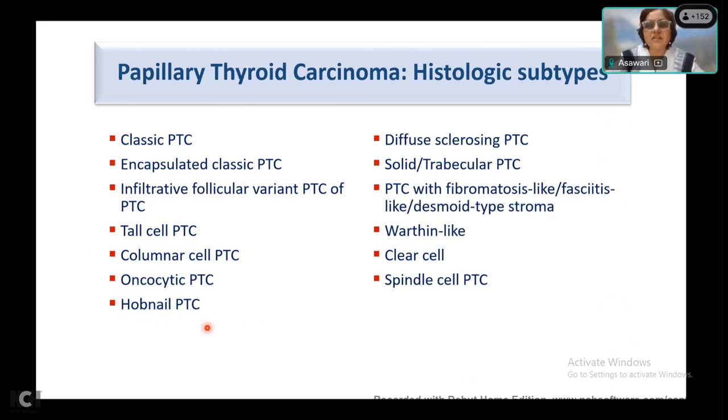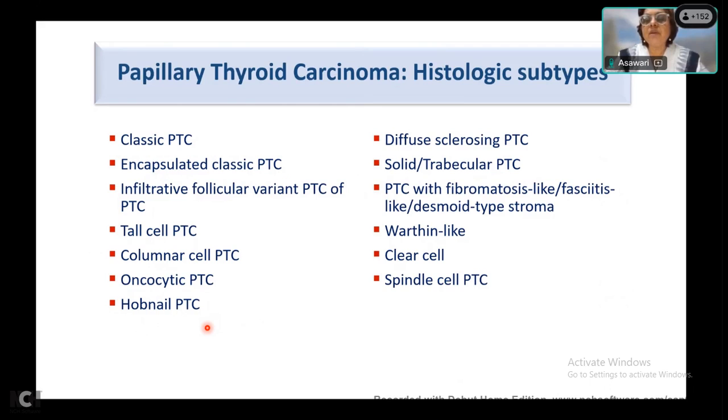They are called aggressive variants of papillary thyroid carcinoma, which include tall cell, columnar cell, hobnail type, diffuse sclerosing type, and so on. But one thing you have to remember, when we look at papillary thyroid carcinoma, don't stop at whether they are showing columnar pattern, tall cell pattern, or some other follicular variant. One other thing we have to look at is the number of mitoses.